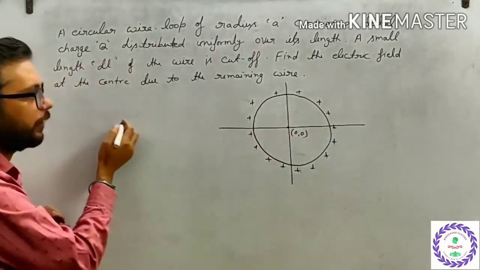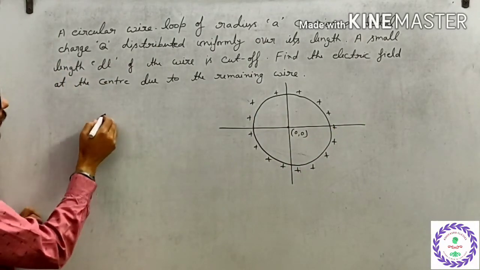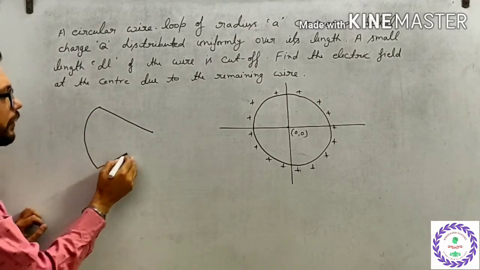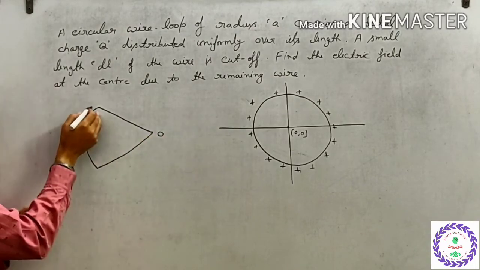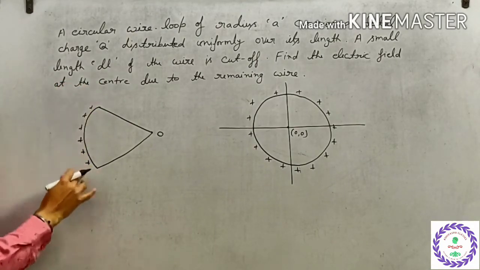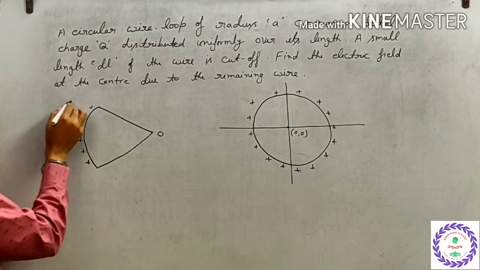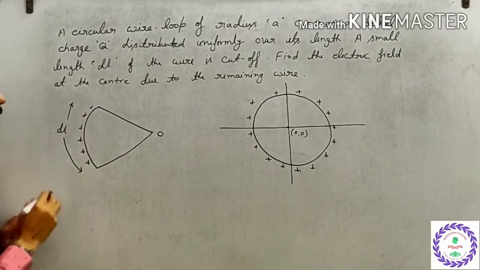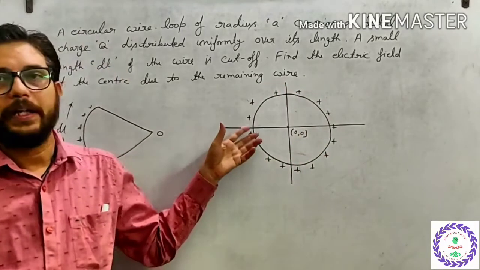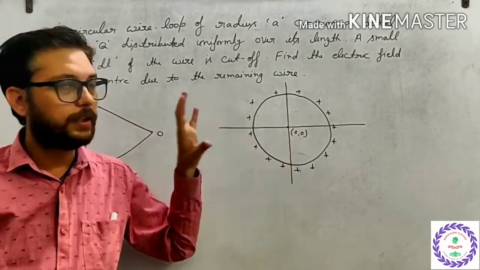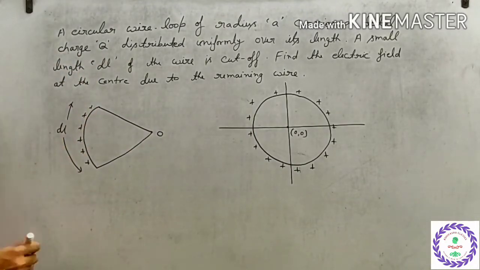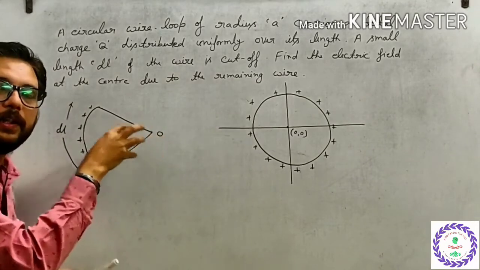You can see here, let's suppose this is the small element and this is the center O. Some charge is on this small element of length dl. Now the complete loop has electric field 0 at its center, but when only one piece is cut off, then it has some electric field at the center.